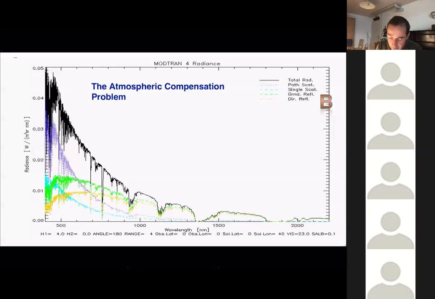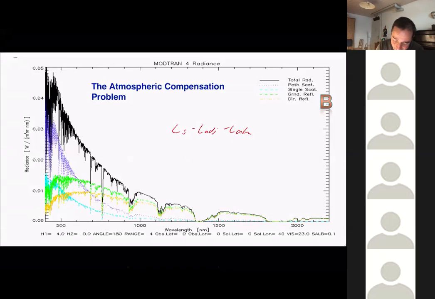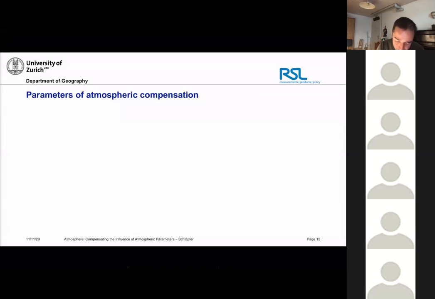So we have L_S minus L_adjacency minus L_atm. And we have the upward path from the bottom up. We have the upward transmittance as well. We had these three components.